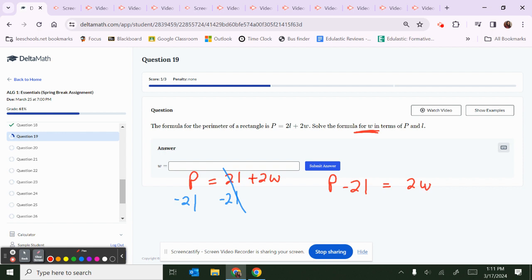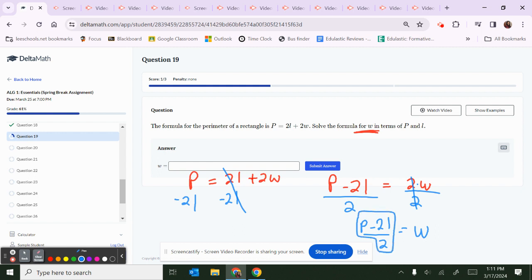Now I need only W by itself, and this 2 is being multiplied by W. How would I get rid of that 2? By dividing by 2. And if I divide by 2 on the right side, I need to do the same thing on the other side. So W is equal to P minus 2L over 2. And that is my answer.